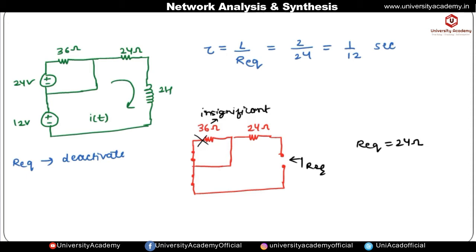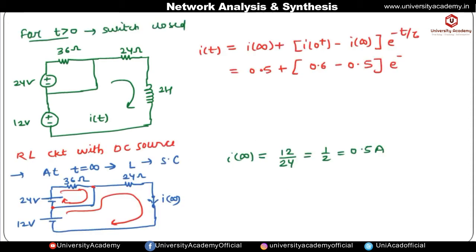So it becomes e to the power minus 12t. The I of t expression we get is 0.5 plus 0.1 into e to the power minus 12t ampere.